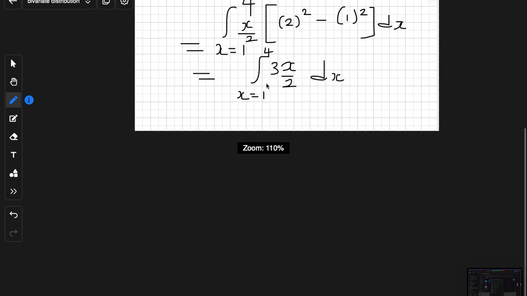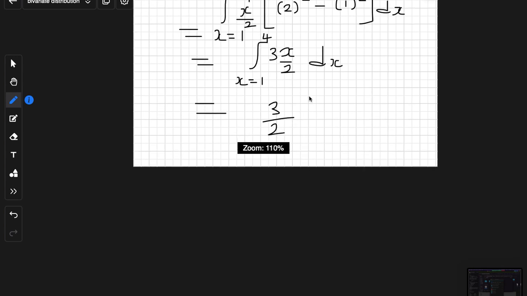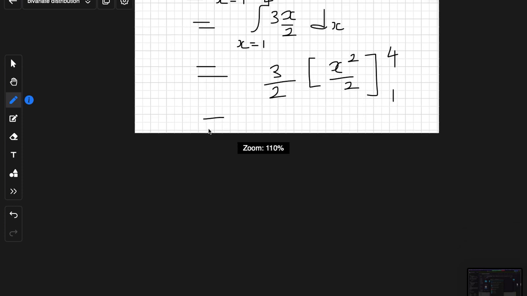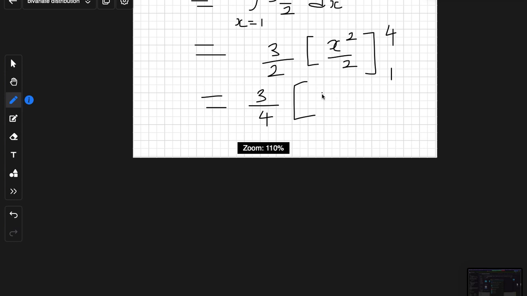Now by integrating again, you are going to have 3 over 2, x squared over 2, from the limit 1 to 4. All right, so the 2 here will multiply the 2 down here. It becomes 3 over 4. And then you have x squared, that will be 4 squared minus 1 squared.